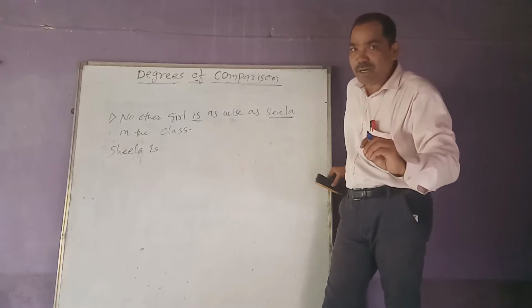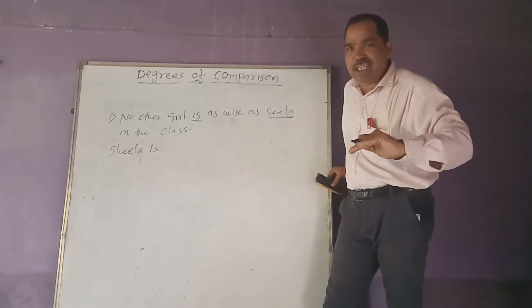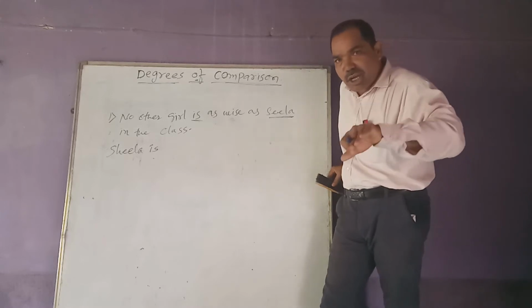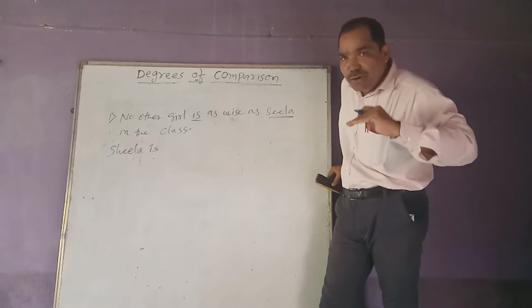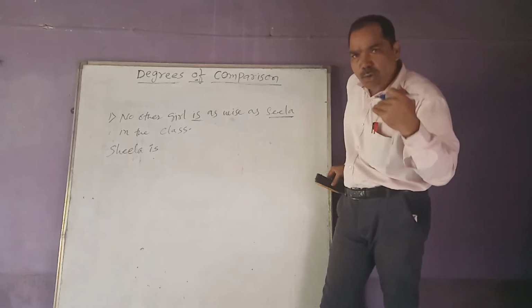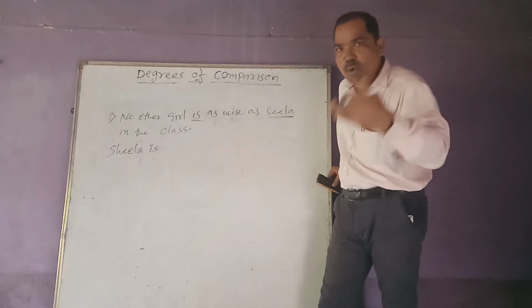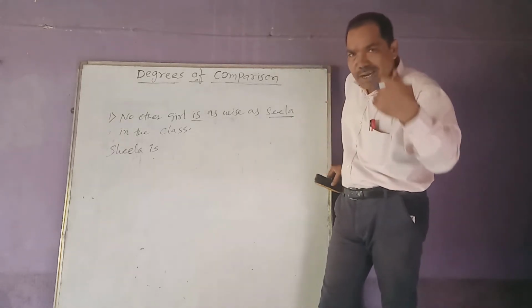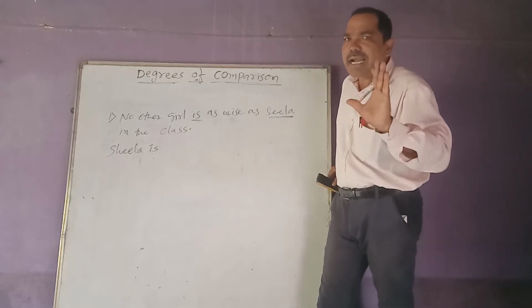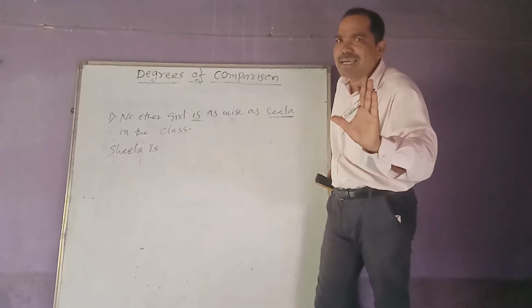That is very important. And whenever the adjective ends with a consonant sound, then before that adjective we have to take more in the comparative degree and most in the superlative degree. That is the only thing one has to understand, and definitely that will be the correct answer.